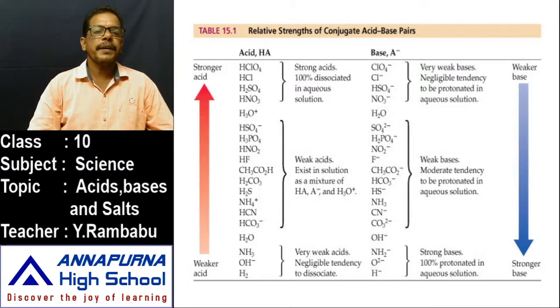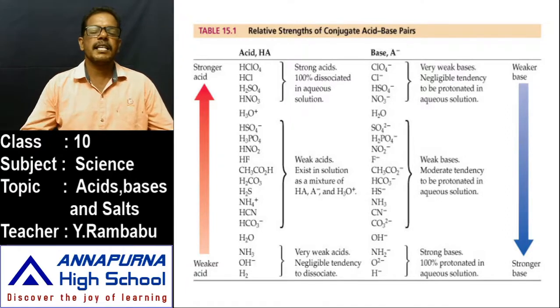For example, hydrochloric acid splits into H+ ions and Cl- ions. In the same manner, sulfuric acid splits into H+ ions and HSO4- ions. Nitric acid splits into H+ ions and NO3- ions.